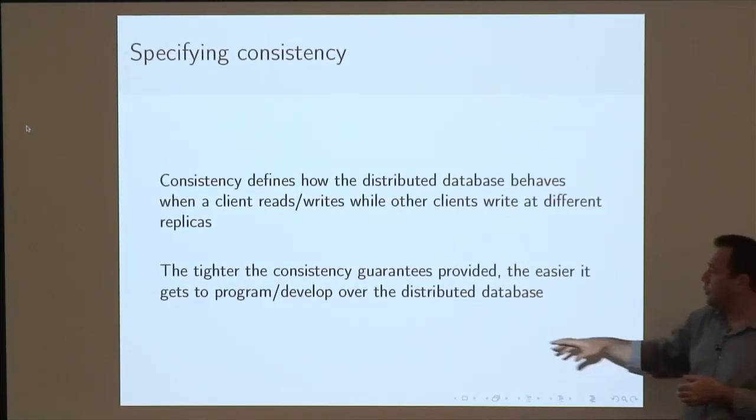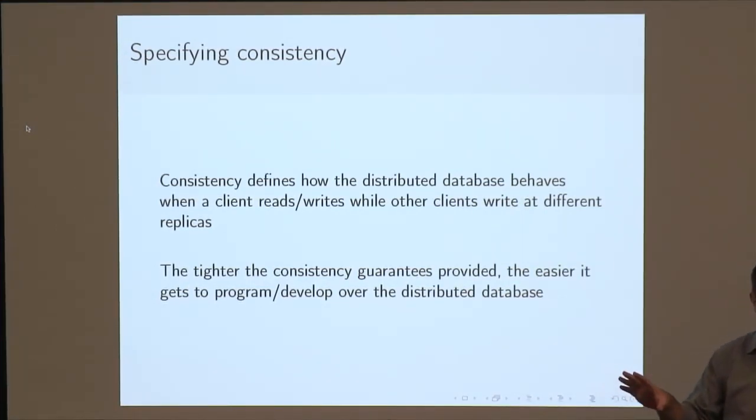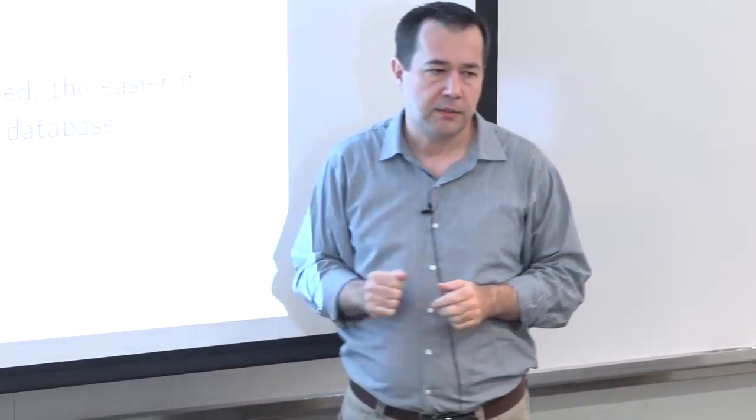In general, the tighter consistency guarantees the distributed database provides to the clients, the easier it gets to program and develop applications on top of this distributed database. But there is a trade-off, right? The tighter guarantees you provide, that means the more overhead, because the replicas need to synchronize more often and make you wait for your request. And you do not always need it, right?